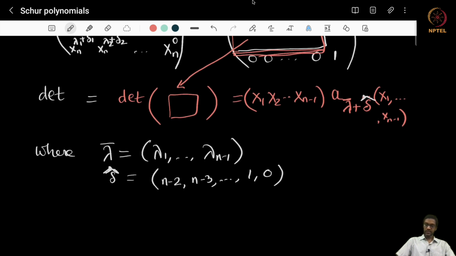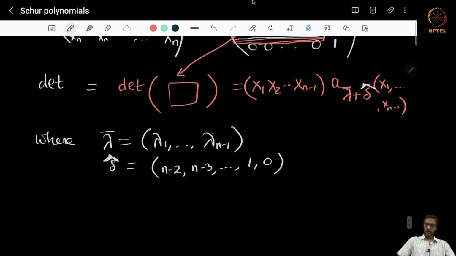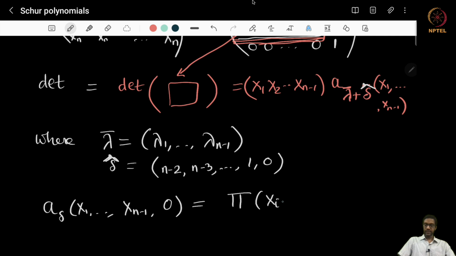It just says that this determinant is this particular expression here, and now we just have to see how a delta behaves. So now observe what is a delta of x1, x2, up to xn minus 1 with a 0 in the last component. We already know what this product is, it's xi minus xj, i less than j.